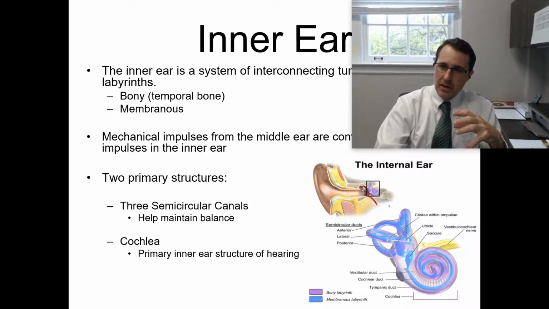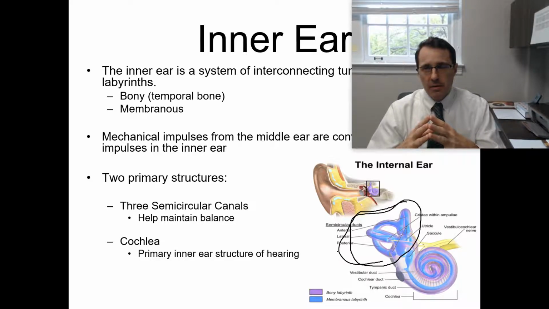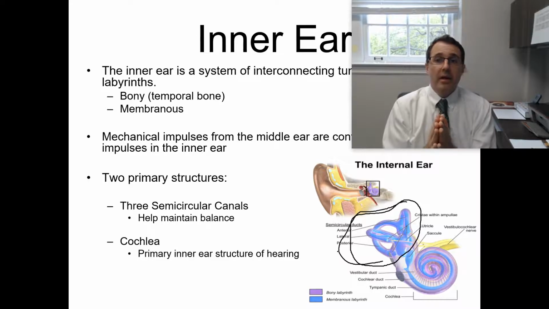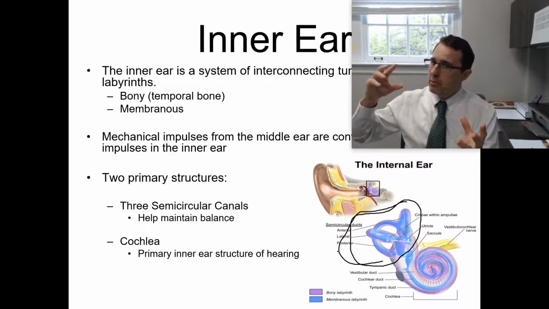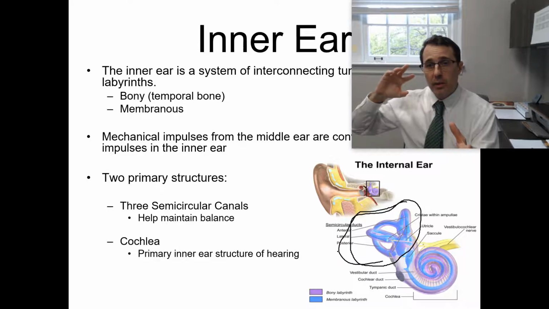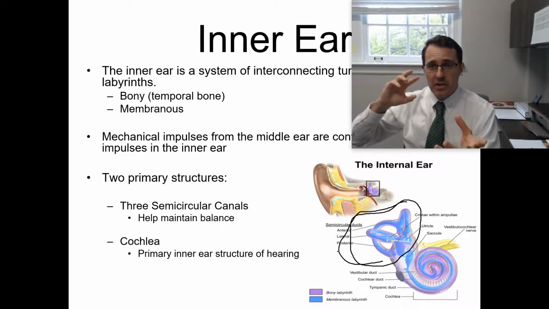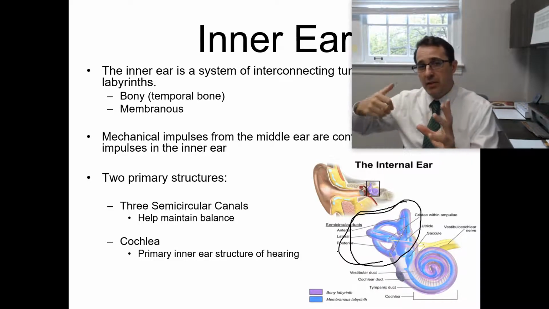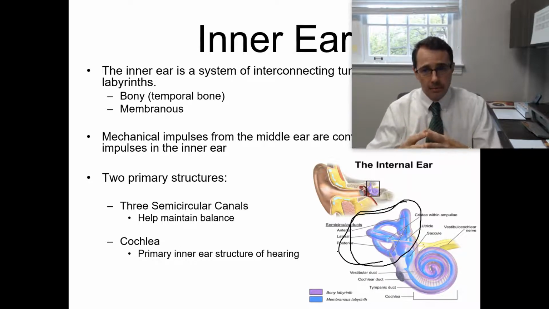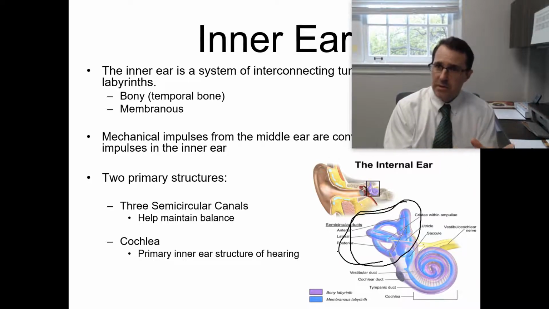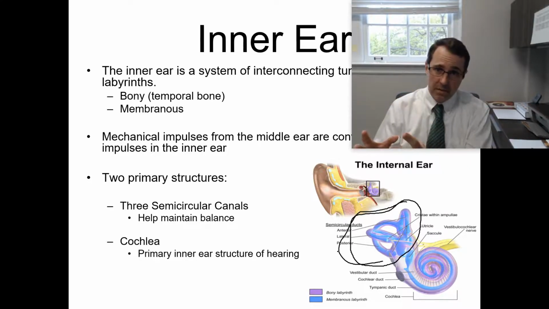The semicircular canals also are filled with fluid, but they are not responsible for hearing. They're responsible for helping you balance. When you move your head, the fluid within the semicircular canals shifts, and that sends a signal to your brain that tells your brain how you have moved in space. So semicircular canals have to do with balance.